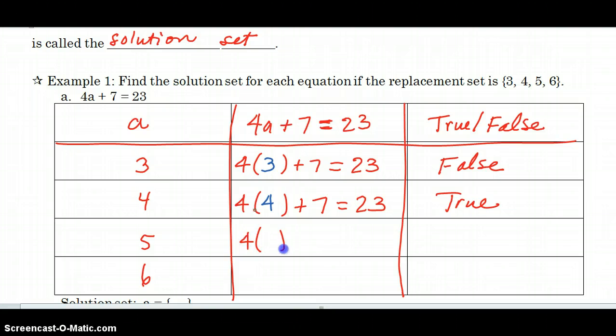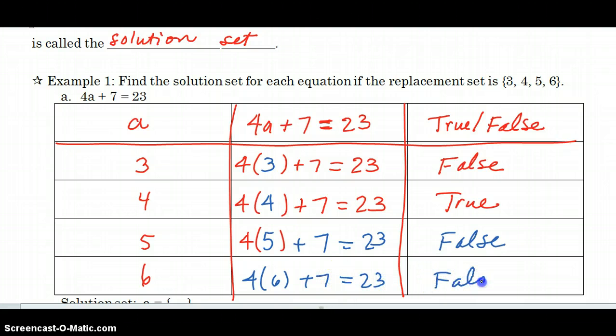And 4 times 5 is 20, plus 7 is 27, that does not equal 23, so that is false. And 4 times 6 plus 7, of course, doesn't equal 23, so that is also false.